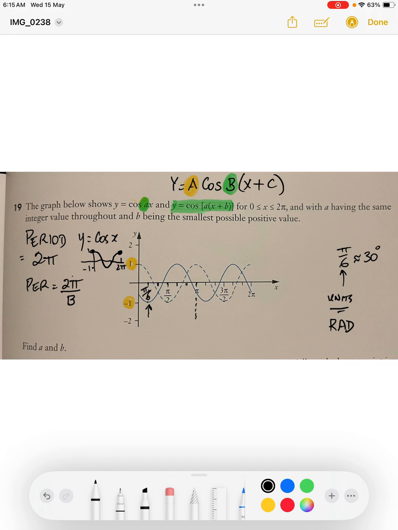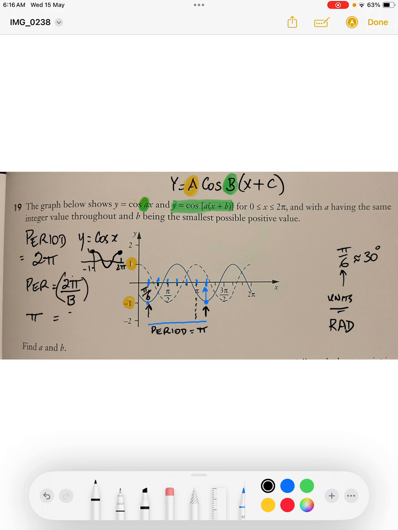Now, let's go from this point on the graph. I want to find out how big a period is. I'm going to go from the bottom here to the bottom here. Now that goes to that increment there, and if you go from this position to this position, you'll see 1, 2, 3, 4, 5, 6 pi over 6. Therefore, the period of our graph is in fact pi.